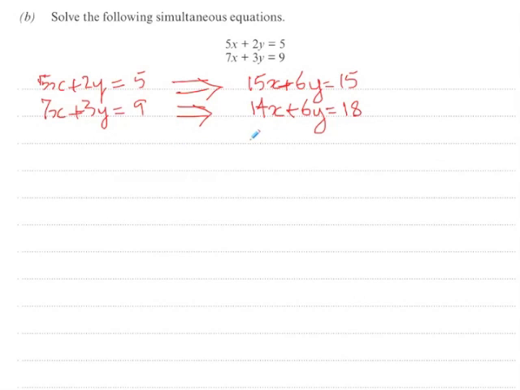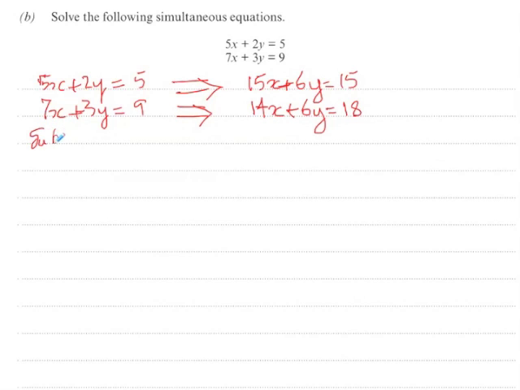Basically what I'm doing here is I've multiplied the top one by 3 on both sides. So you got multiplied 5 by 3, 2 by 3 and 5 by 3, so you got 15, 6 and 15. And with the second equation I've multiplied this by 2 on both sides, so we've got 7 times 2 is 14, 3 times 2 is 6, and 9 times 2 is 18.